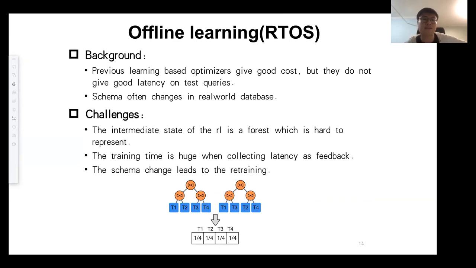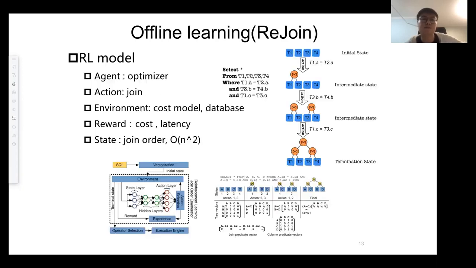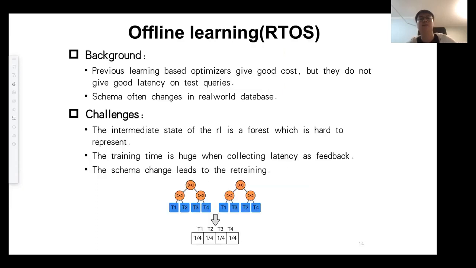The second challenge is that the training time is huge when we want to collect latency as feedback. The previous method uses the cost as feedback, but actually we want to optimize the latency. So the ideal solution is to use latency as feedback.